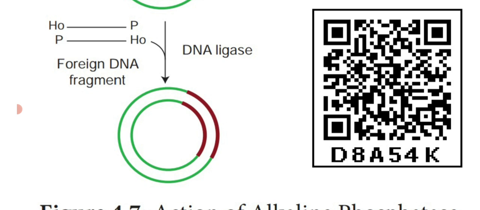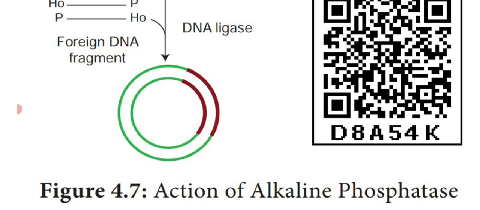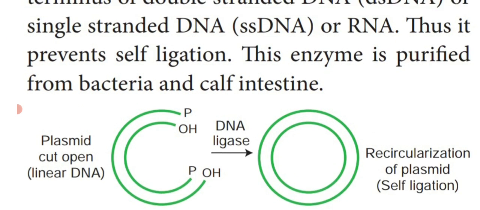So the removing of the phosphate group is done by the enzyme alkaline phosphatase to avoid the self-ligation process. That enzyme is known as alkaline phosphatase. So this is the diagram showing the action of alkaline phosphatase.